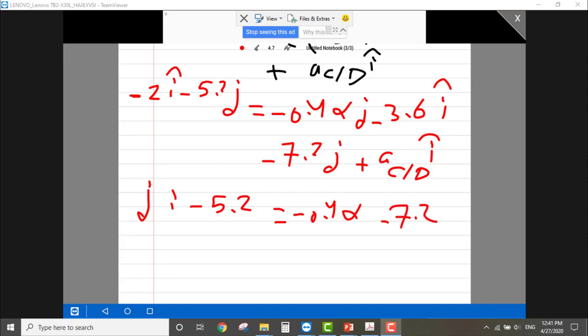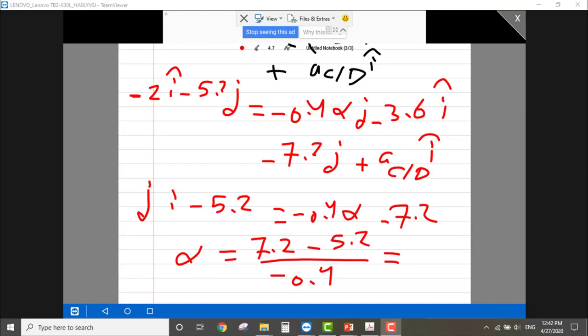Put alpha on one side and everything else on the other side: 7.2 minus 5.2 divided by minus 0.4, which gives a minus sign.